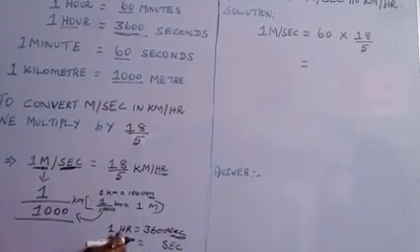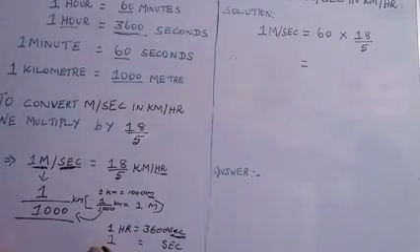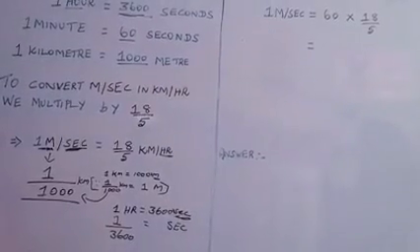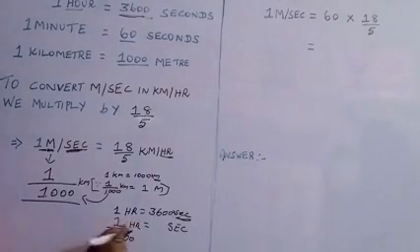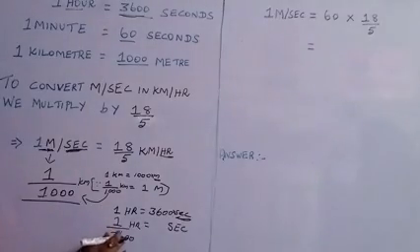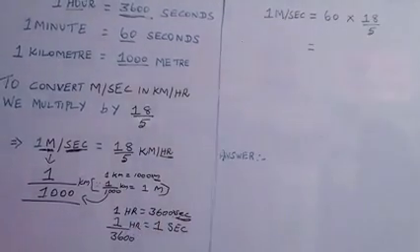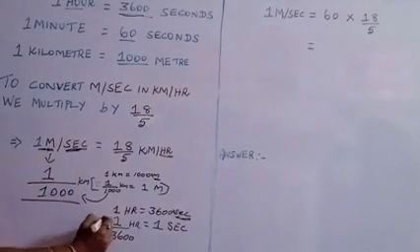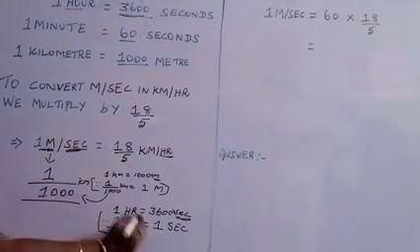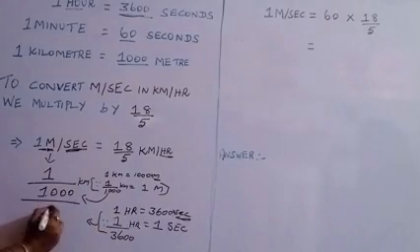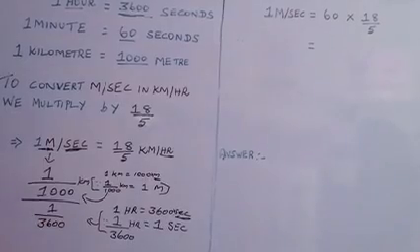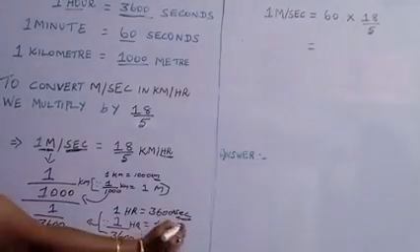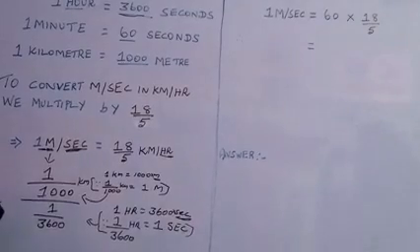I bring this to the opposite side of the equal sign, and it comes in reciprocal, that means in division form. 1 by 3,600, that is 1 second. So 1 divided by 3,600. From the result we get it. Can you understand?